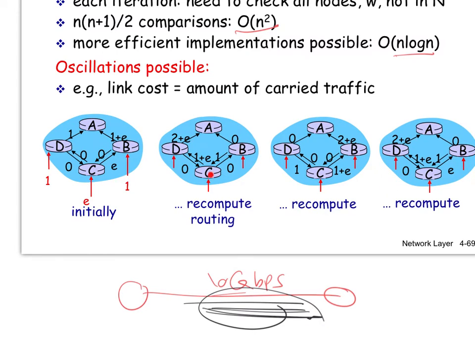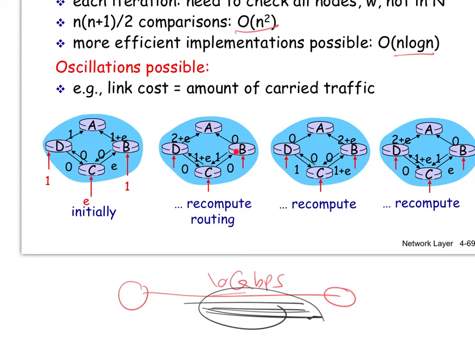So now B will send this unit of traffic through here, and assuming that C as well will have two possibilities, either E plus 1, which is 2E plus 1, or 0 plus 1. So C as well will send it to this direction, right? And D here has the possibility of 1 or 0 plus E plus 1 plus E. Right? No, sending this direction is better.